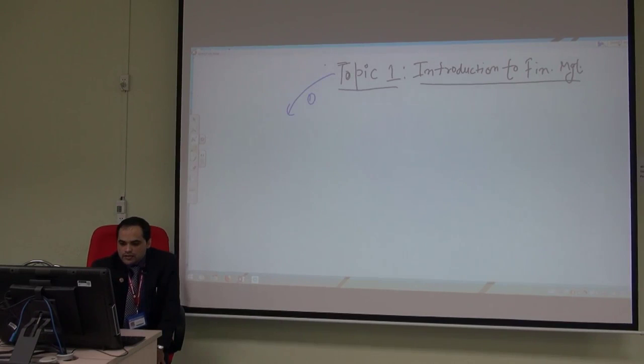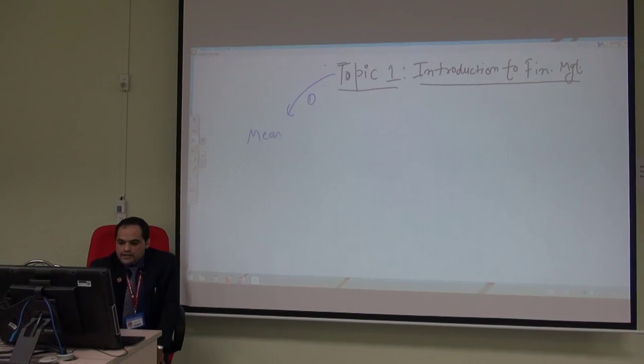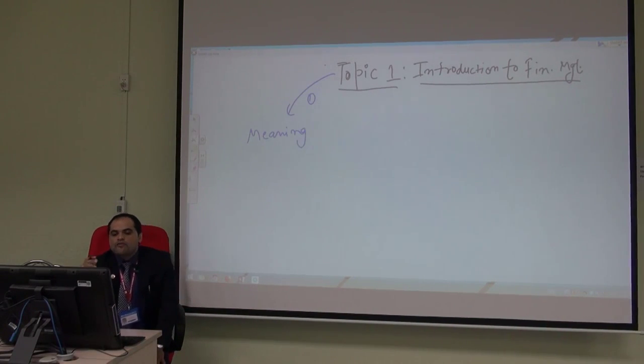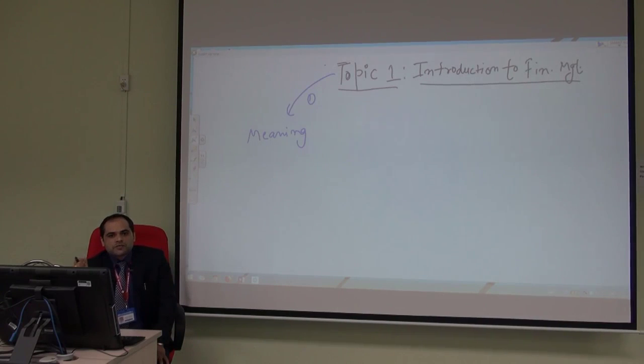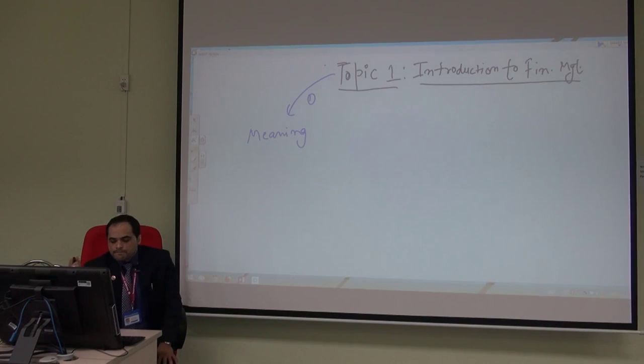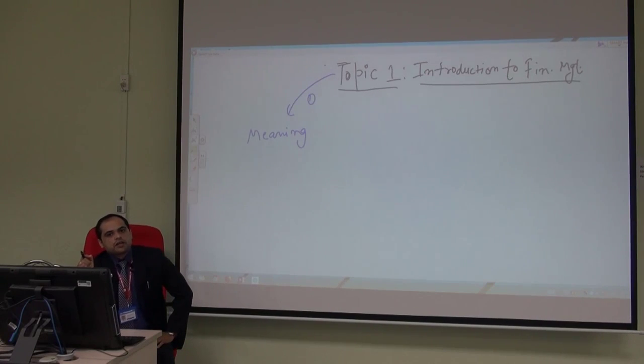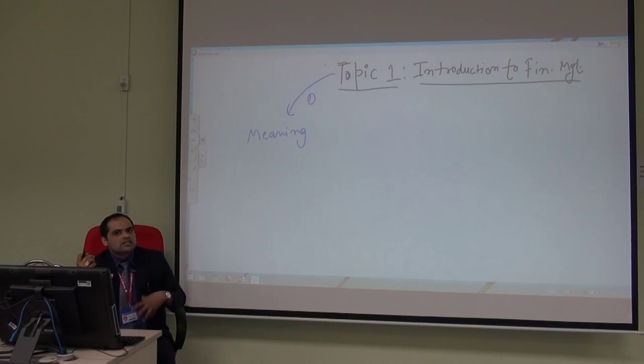So the first one is the meaning or introductions of financial management or introductions of finance. In order to understand financial management, we need to understand the meaning of finance. Finance means the amount of money that we need to start and run the business.